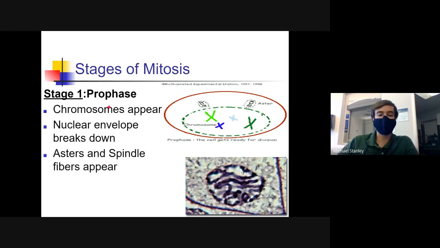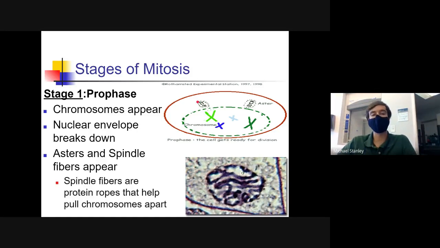We have prophase, which is our getting ready phase. The chromosomes crunch up together and become thicker. The nucleus starts to disappear. The asters and the spindles, the things that are actually going to physically pull the DNA apart, start to appear as well. So prophase is our preparation phase.